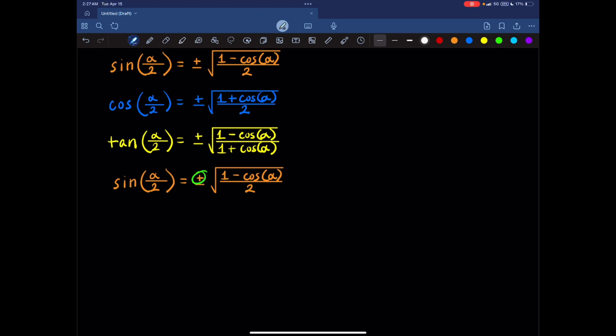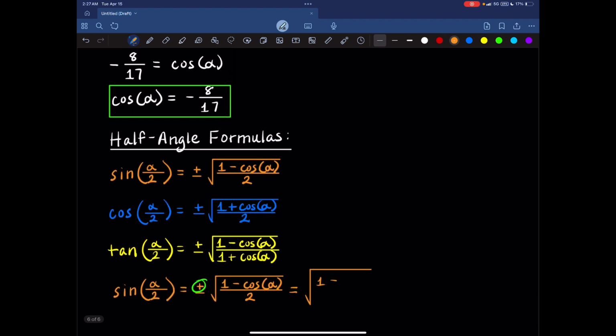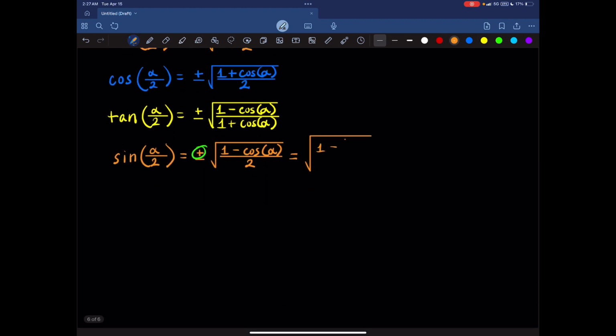And so now we can write this as the square root of, I'm going to leave some space because we're going to have a fraction in the numerator, right? 1 minus the cosine of alpha, which is negative 8 over 17. So minus negative 8 over 17. And it's going to be over 2.